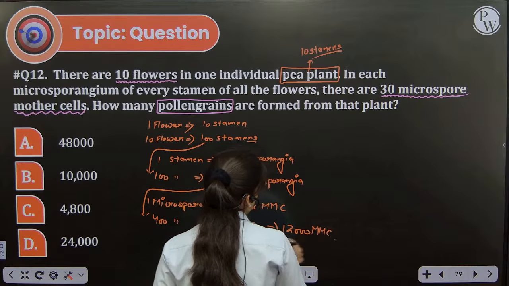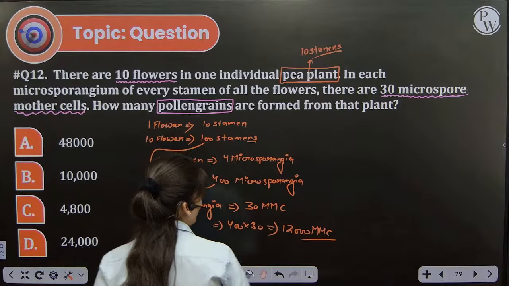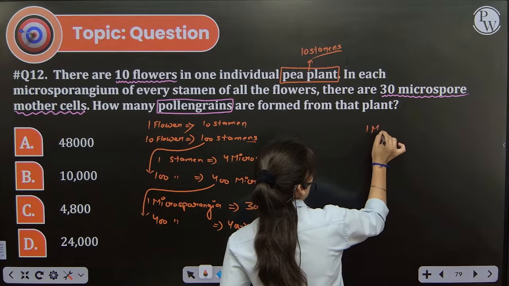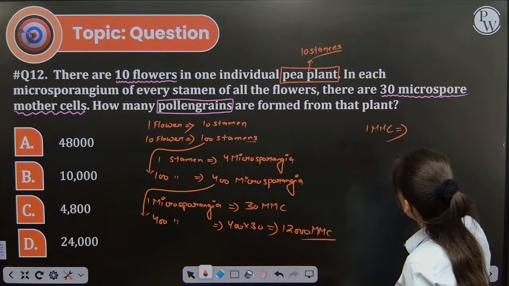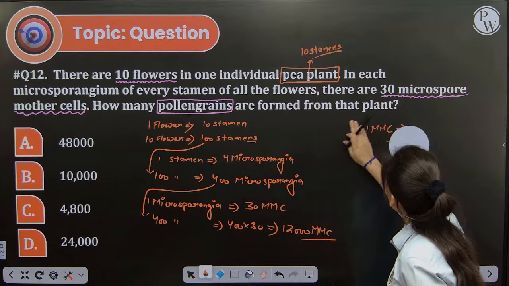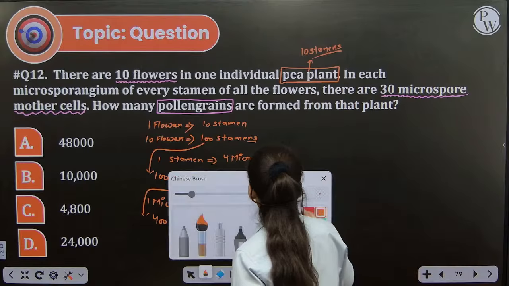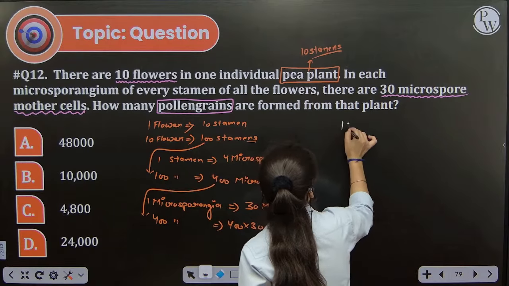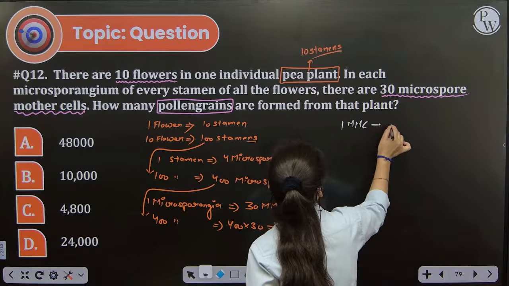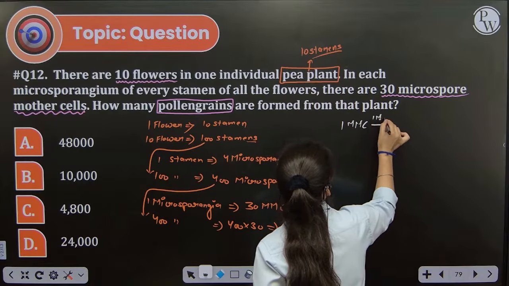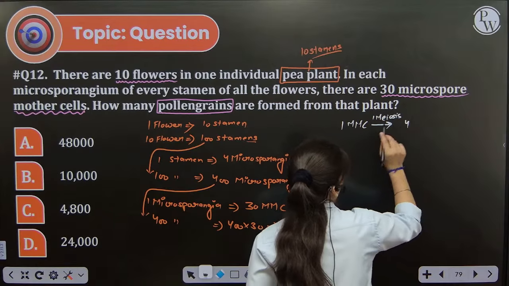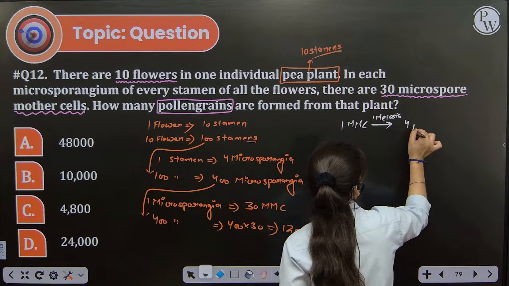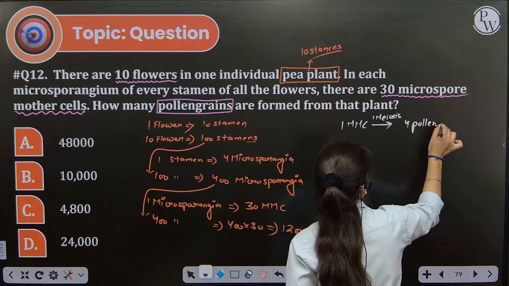microspore mother cells. And we already know one microspore mother cell forms how many pollen grains? One microspore mother cell undergoes one meiosis division and forms a microspore tetrad of four. They develop into four pollen grains.